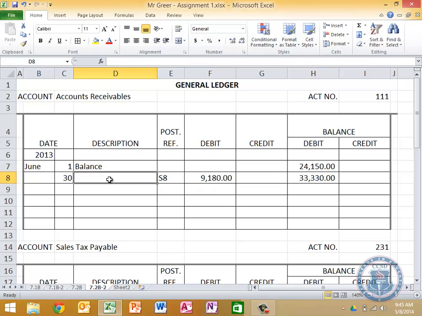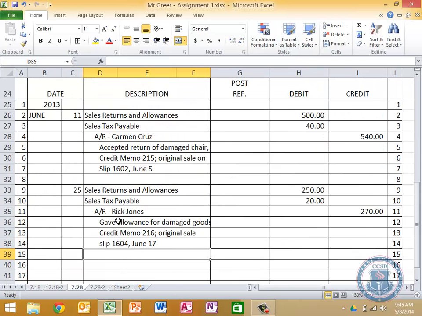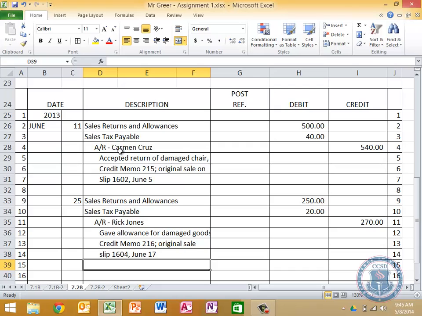So what's the next transaction that's going to happen here? What's the next transaction that's going to happen? On June 11th.